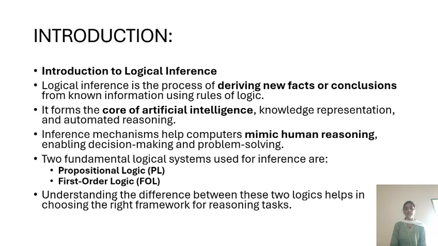Inference mechanisms help computers mimic human reasoning, enabling decision making and problem solving. Two fundamental logical systems used for inference are propositional logic (PL) and first order logic (FOL). Understanding the difference between these two logics helps in choosing the right framework for reasoning tasks.